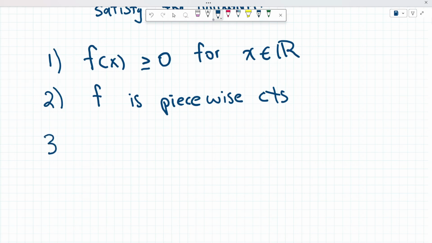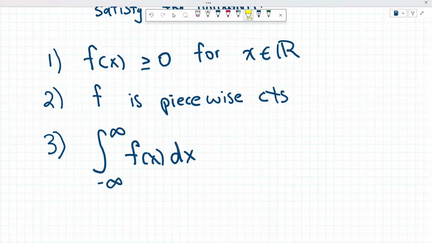And then the third thing that it must satisfy is that if we take the integral from negative infinity to infinity of our probability density function, and we're integrating with respect to x, this must equal 1. So this is kind of the sister property with the probability mass function, where if we add all the probabilities, they have to equal 1.